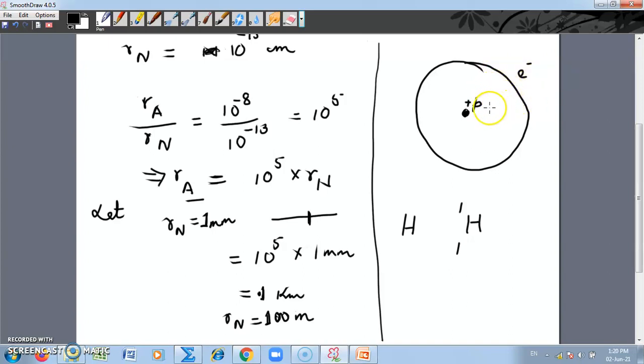Now you know that the mass of the proton is 1837 times the mass of the electron. So if the electron has got a mass Me, then the mass of the proton is 1837 times like this. So you see what is the total mass of the whole atom then? It is 1838, out of which only one part lies outside and the whole 1837 part lies inside.